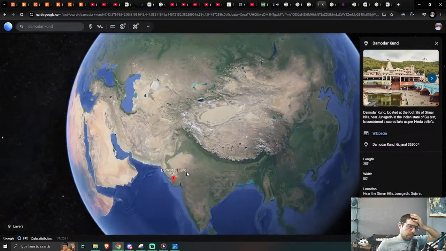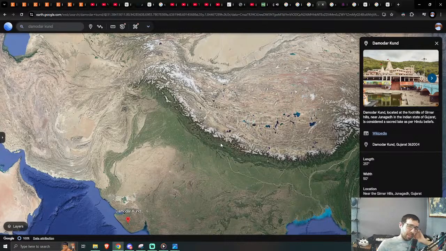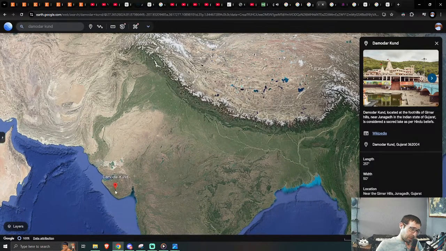It kind of seems plausible that there would be something of that nature at play where shallograms formed, and then given that there's Damodar Kund over here, it just makes me think there's a relationship.